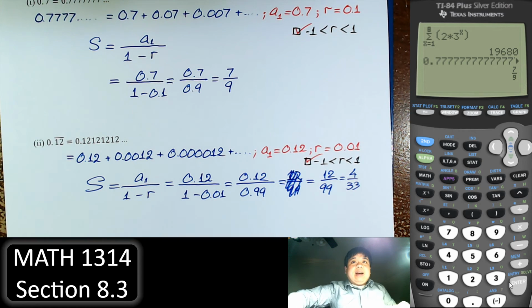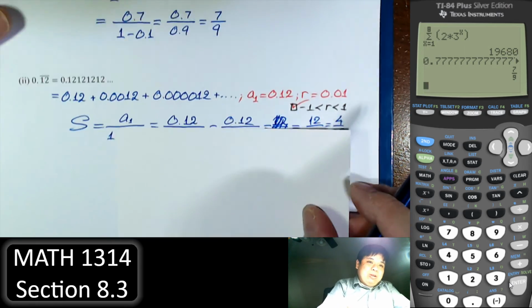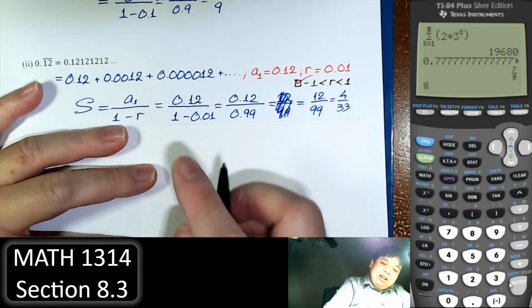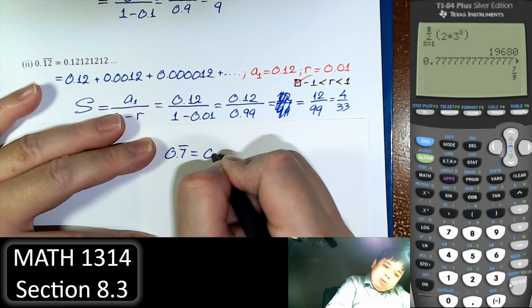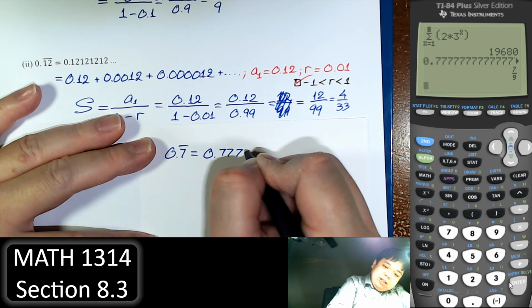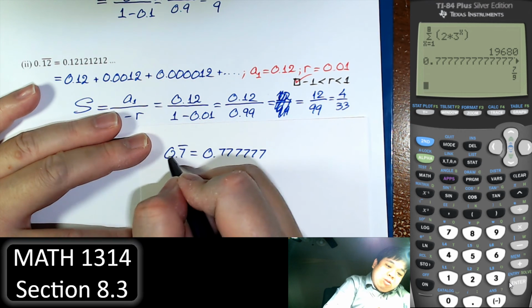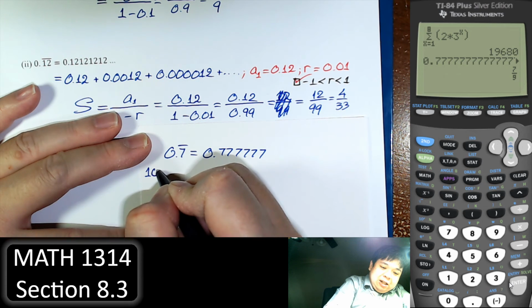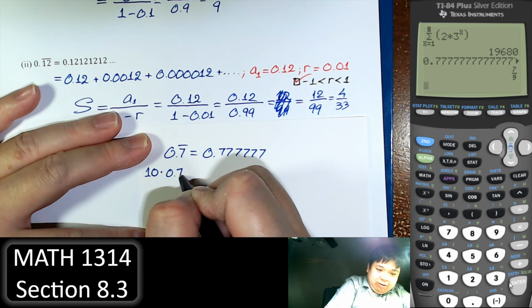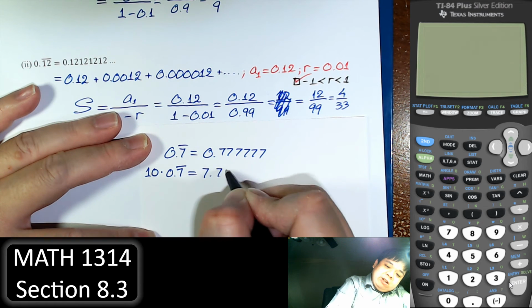Now, a better way to do this is without the formula. I'll just do this again. 0.7 repeating is 0.7777, right? What I do is multiply this by 10. 10 times 0.7 repeating gives 7.777.